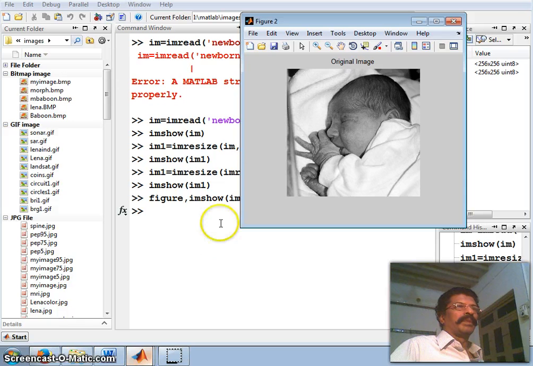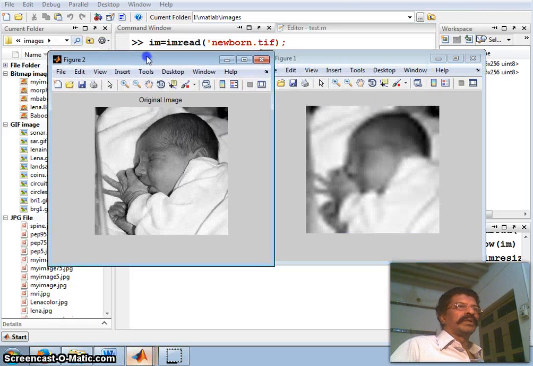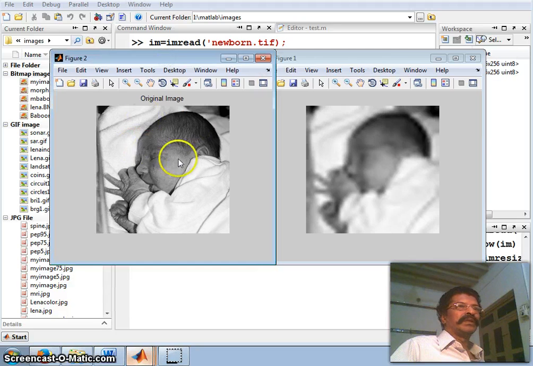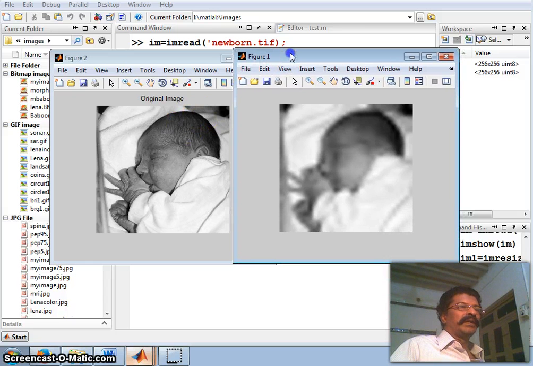Now you can compare these two images, figure 1 and figure 2. See that the unit distance is the same, that is, the size is the same. This one is the higher resolution, 256 by 256. If I reduce the resolution, you see that the quality of the image is very much reduced.